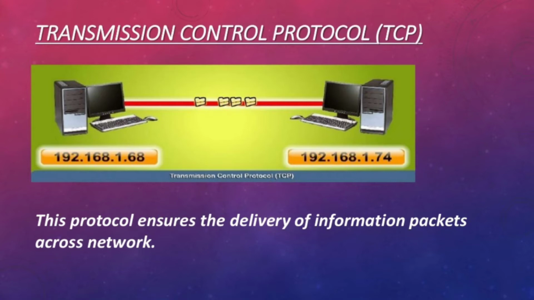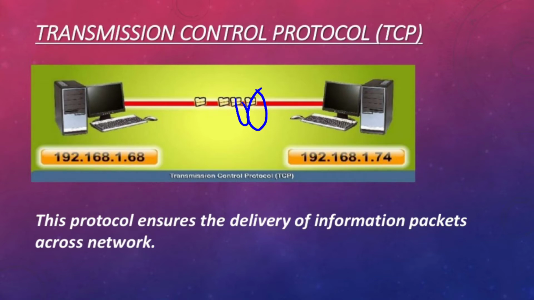As you can see, it is written, this protocol ensures the delivery of information packets across the network. What does this mean? You can see there are some small contents coming across, 1 2 3 4, all these are called packets. Why do we have this packet system in the computer?